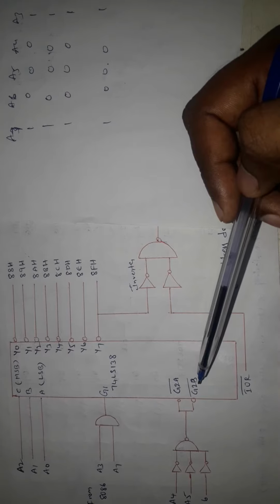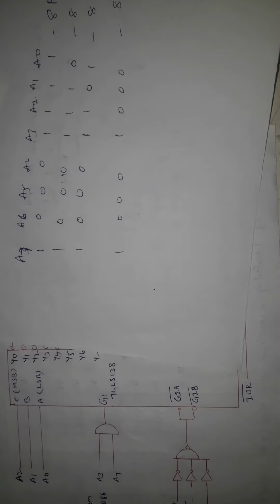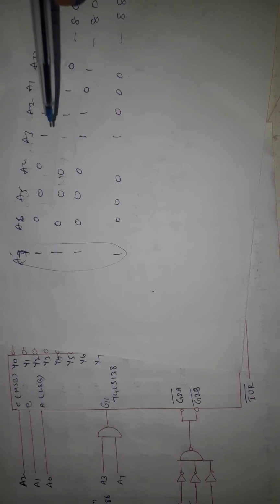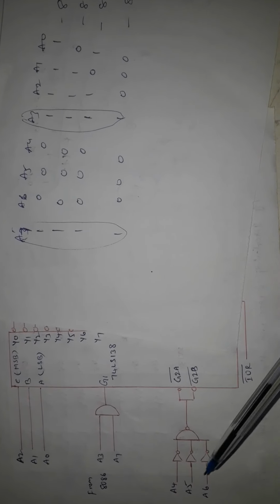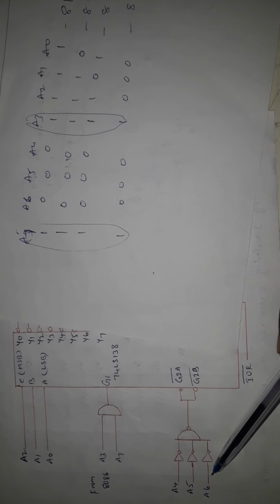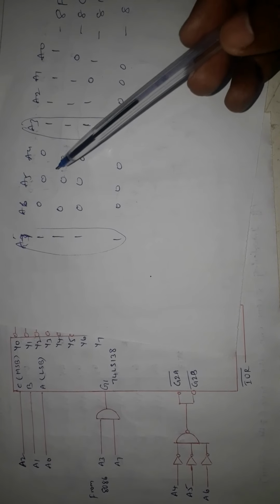Now how this works is very simple. Always the A7 pin is 1 and the A3 pin is also 1, and A4, A5, A6 pins are always at level 0.